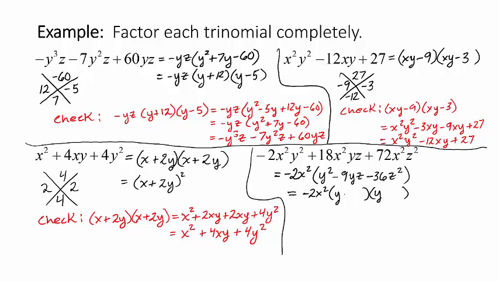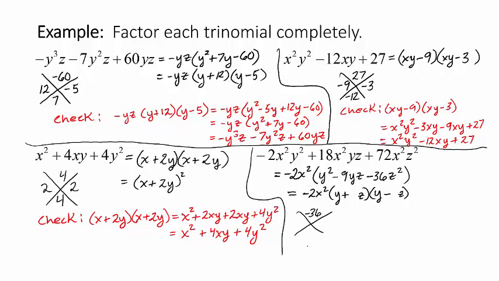So that means that one of these is going to be positive and one's going to be negative, right? Just in order to get that last in the FOIL to be a negative. Okay, so then, and I know z has to be part of it, right? Because z times z is z squared. It's just what the coefficient on z is going to be, right?